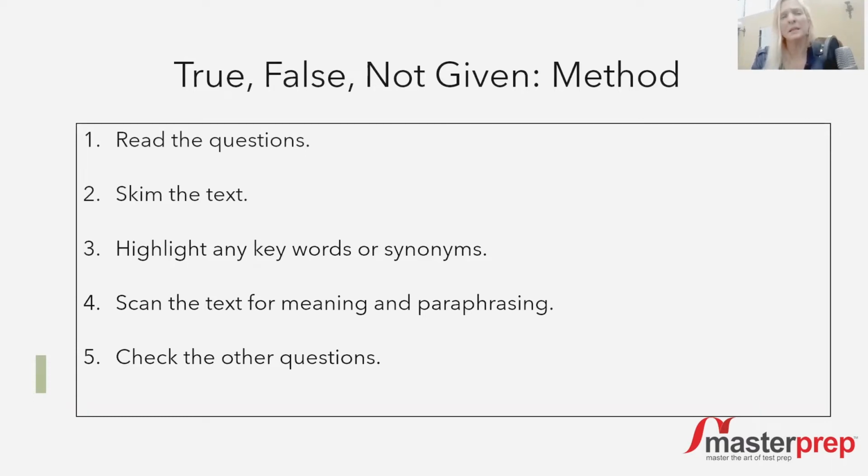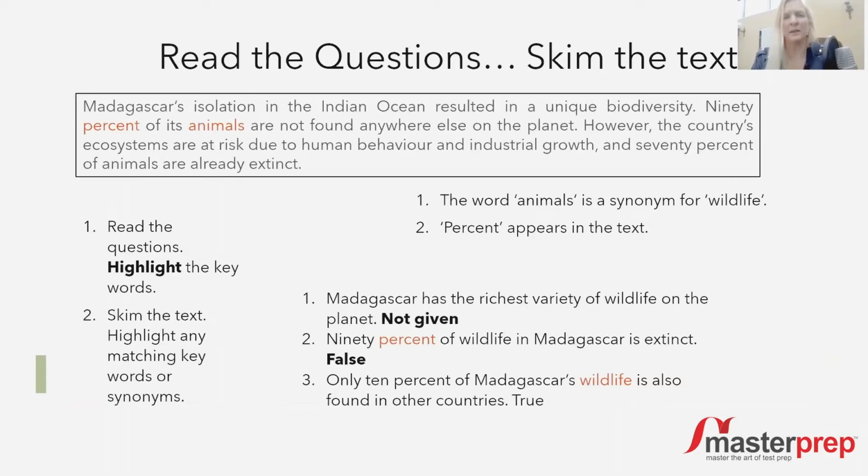Maybe the best idea is to apply this method to an example, and that's what we're going to do here. We have a paragraph about Madagascar. This is a very typical text that you may see in IELTS, where you have a geographic or a scientific passage, sometimes a little technical. So what we're going to do is start by reading the questions, all right?